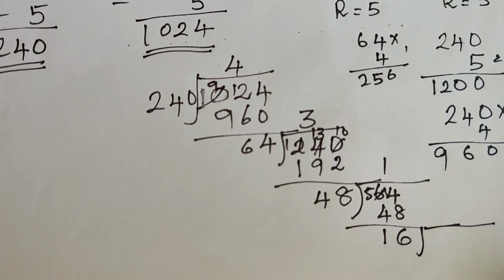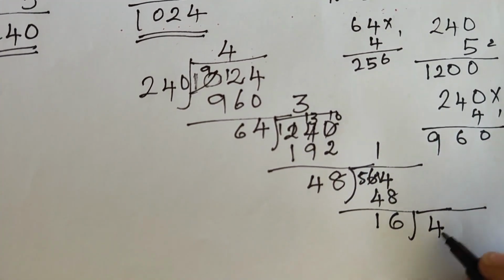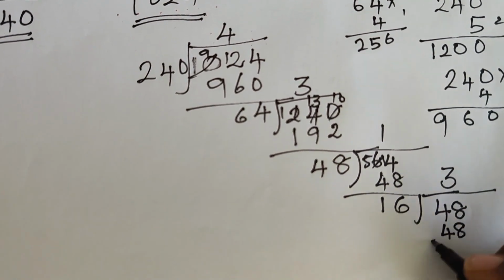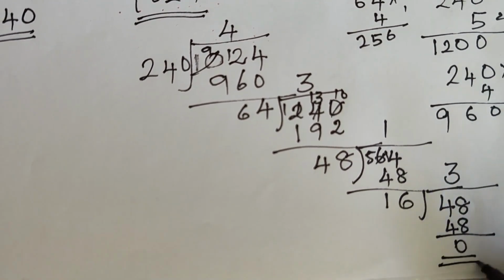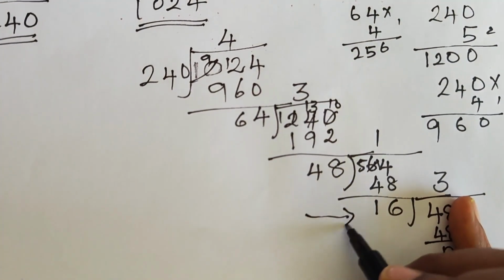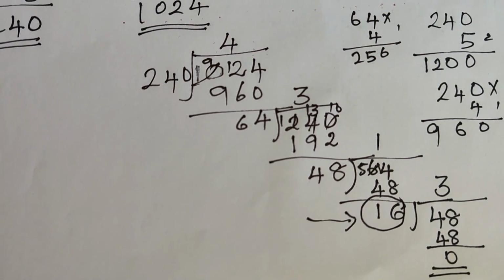Now make this 16 the divisor. Bring this 48 here. 48 becomes the dividend. 3 into 16, 48. 48 minus 48, 0. So where we get 0, that divisor is the HCF. So the HCF is 16.